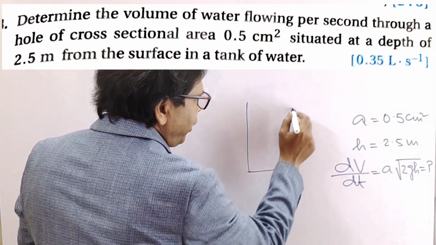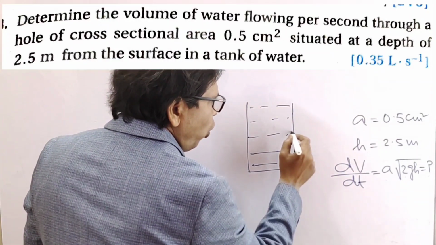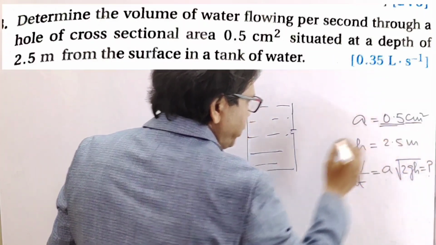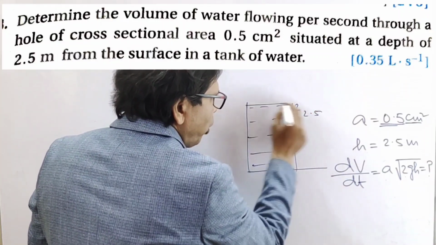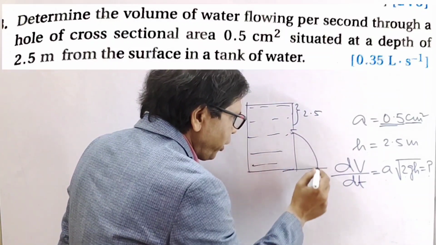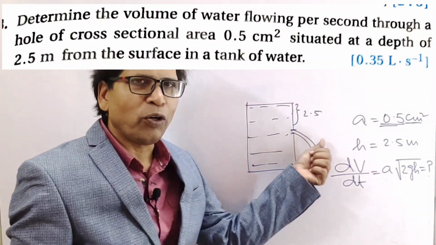Okay, this is a cylindrical container. A hole of area of cross section 0.5 centimeter square is at a depth of 2.5 meter from the surface of water. Now we have to calculate the rate of flow of water through this hole.